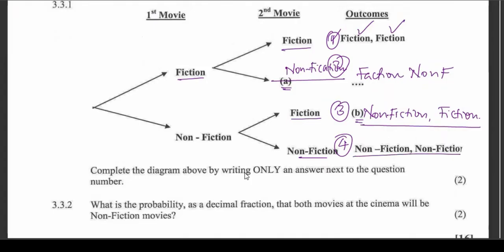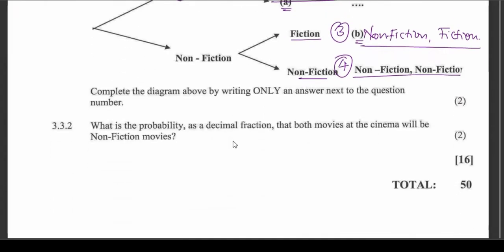It's only once. So here we shall say 1 out of 4. But they said as a decimal fraction, so it is 0.25. This brings us to the end of our question paper.